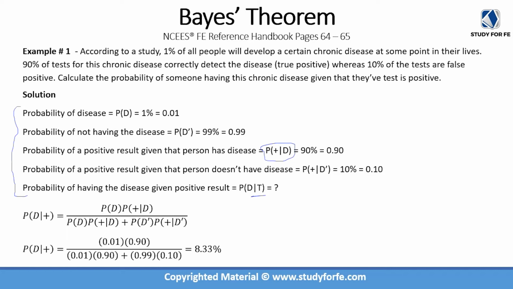So probability of a true positive. Probability of D given a positive result is equal to probability of D times probability of a positive given D, divided by this, which is basically an expansion of the summation formula that we saw earlier.